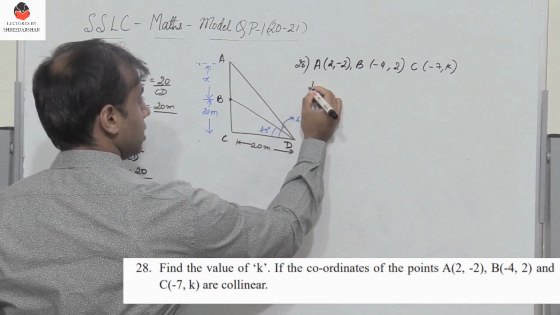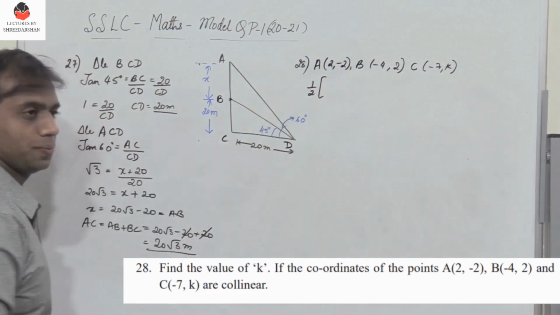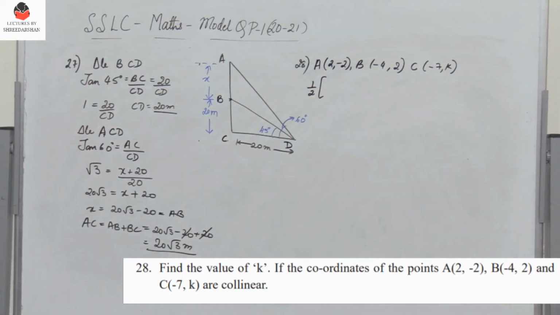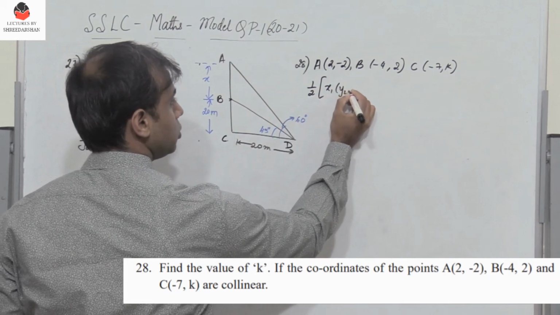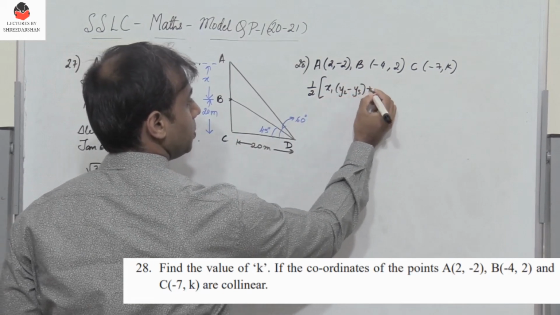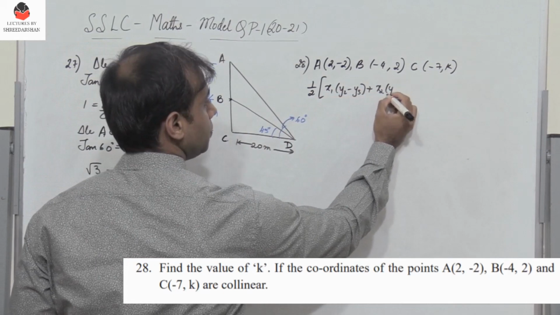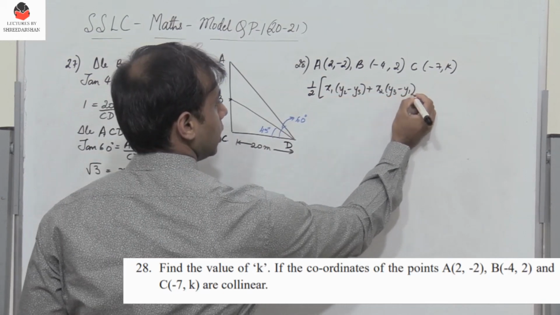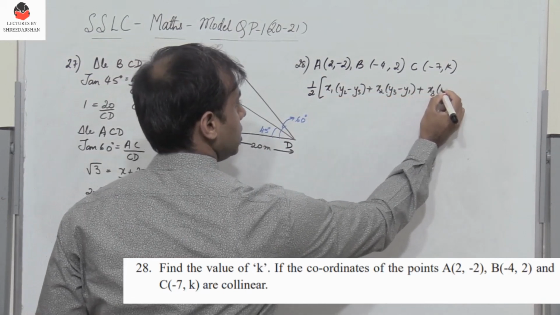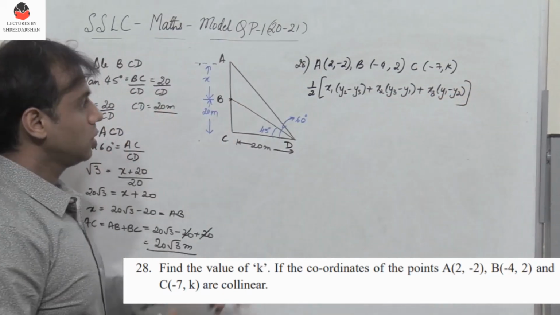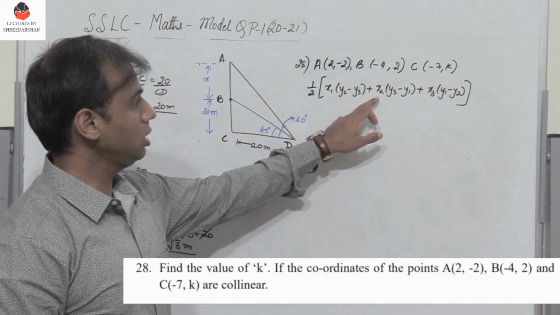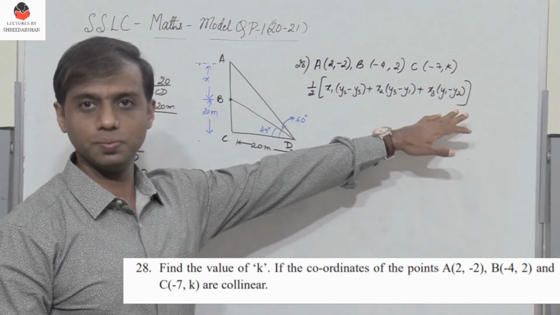The area of the triangle is actually given by half into, now the formula is very easy to remember, x1 into y2 minus y3 plus x2 into y3 minus y1 plus x3 into y1 minus y2. So it's very easy to remember: 1, 2, 3, 2, 3, 1, 3, 1, 2.